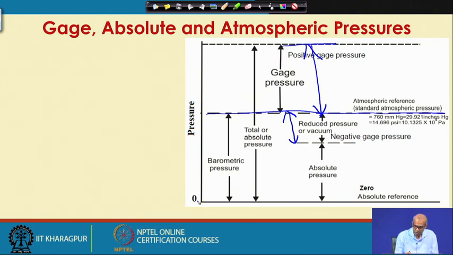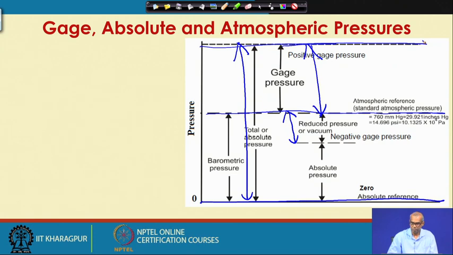If I now consider absolute 0 as reference, this pressure will be my absolute pressure. Note, this pressure is this much gauge pressure, but this much absolute pressure.